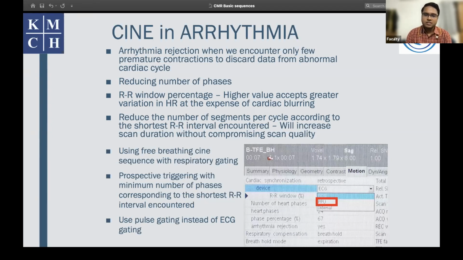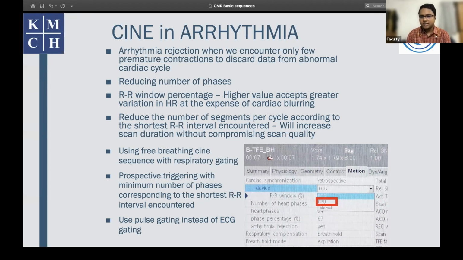But the problem with this technique is that if the RR interval is too short, then the diastolic phase in the longer RR intervals may be missed while imaging, thus giving us very spurious functional data. This is the drawback of using prospective triggering, especially when there is a great variation between two RR intervals.